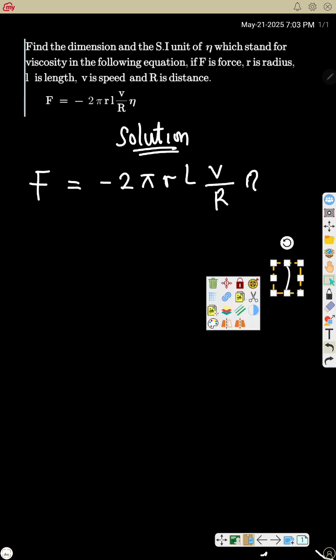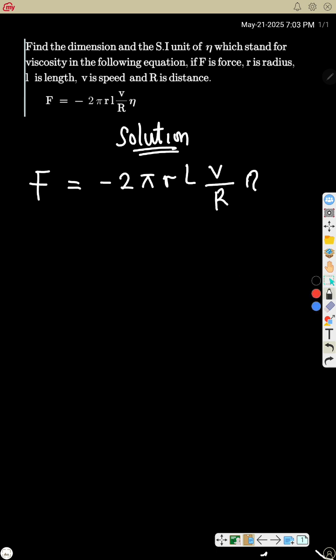First, the dimension of F, we know it is M L T raised to power minus 2, equals the dimension of minus 2, that is 1 constant, times the dimension of pi, also a constant, 1.